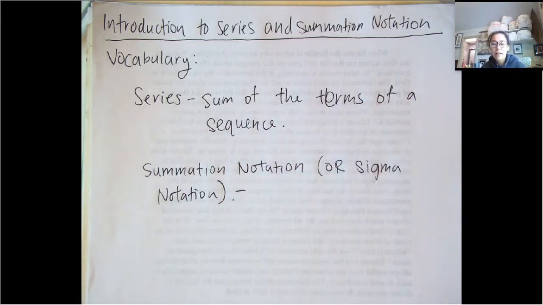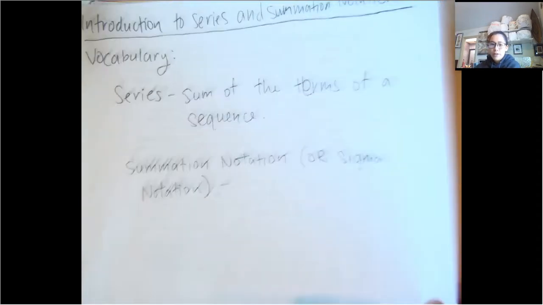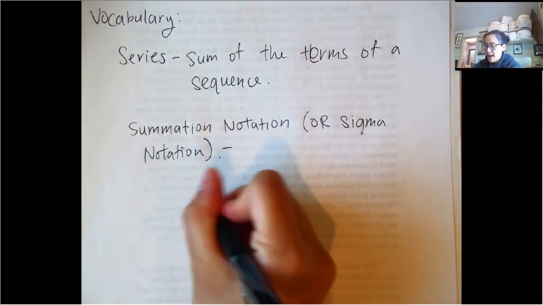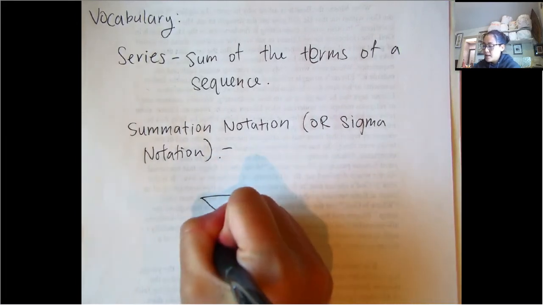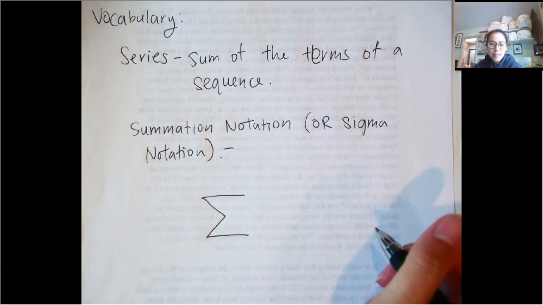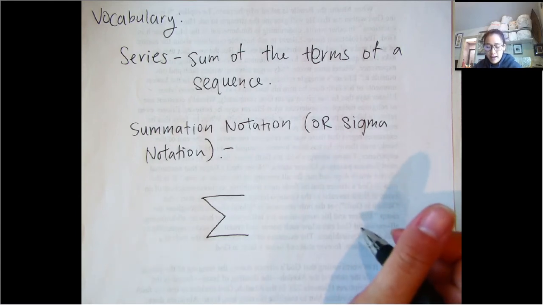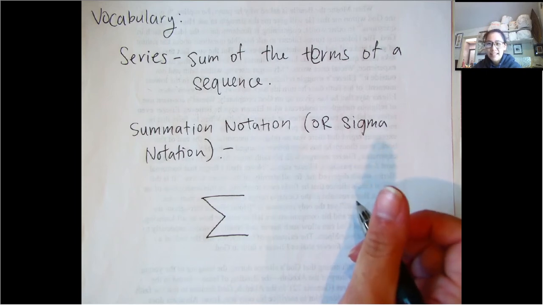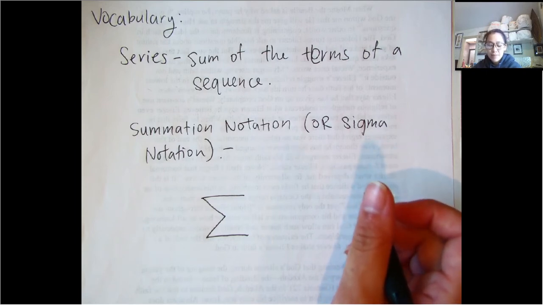So if I say, please write this in summation notation or please write this in sigma notation, this is what I mean. The Greek letter capital sigma is written as something that looks like this, kind of like a backwards 3, kind of like a big E, whichever one you want to go with. And we put certain values in certain places, and these each have names as well.